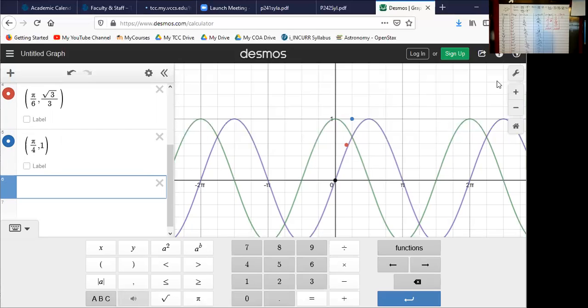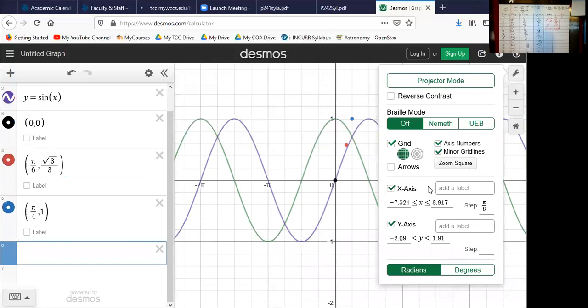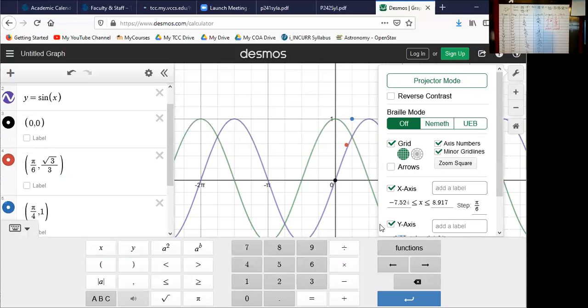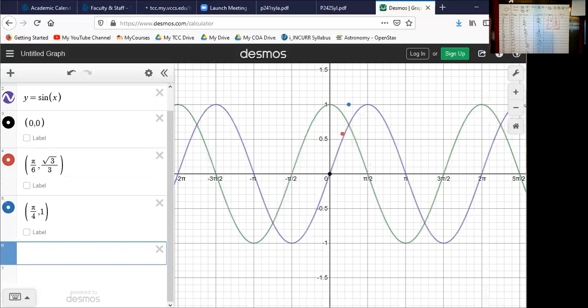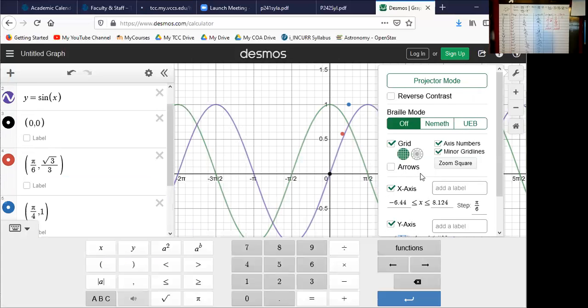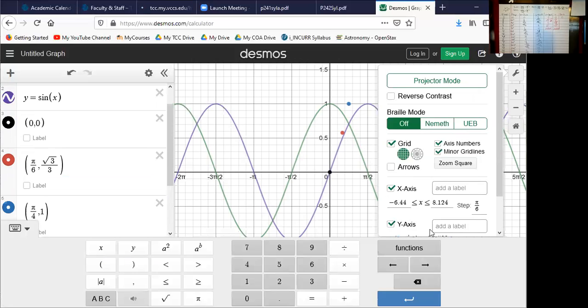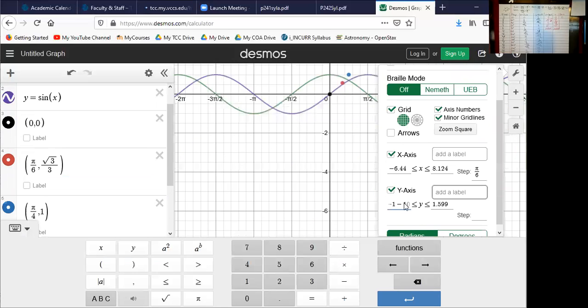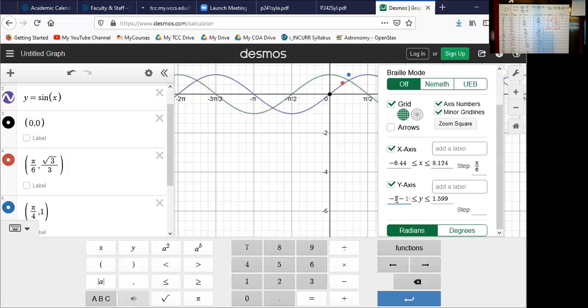In fact, let me change the y-axis from negative 2 to negative 10 to positive 10. Whoa, that's some crazy stuff going there.